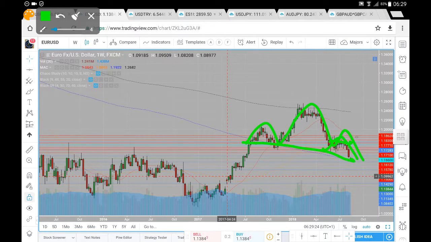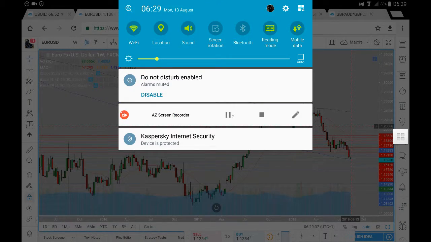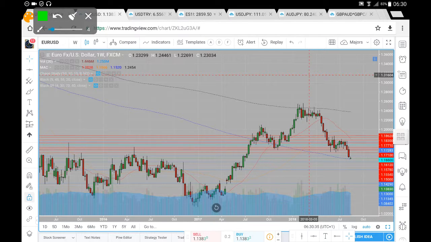Not really a perfect symmetrical head and shoulders, but what we have seen is an acceleration in momentum here to the downside. We've had prices come down towards the 200 period moving average here on the weekly chart, which could act as a dynamic level of support here on the euro dollar.